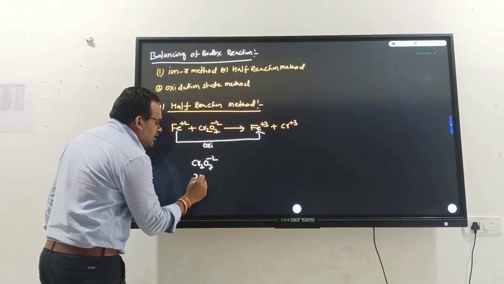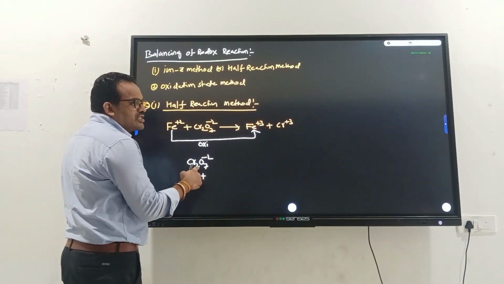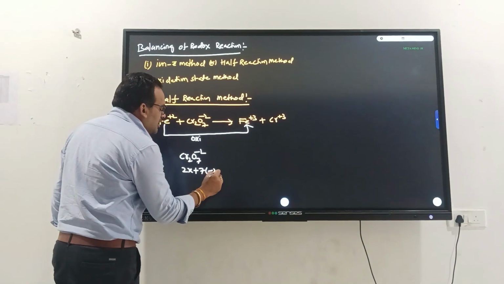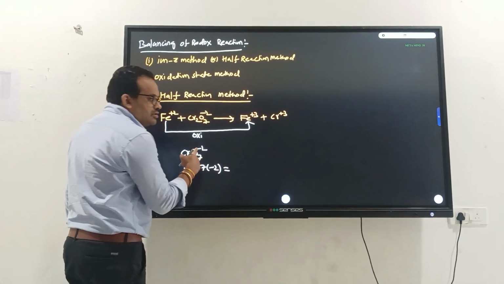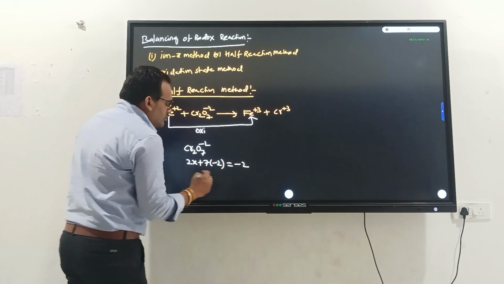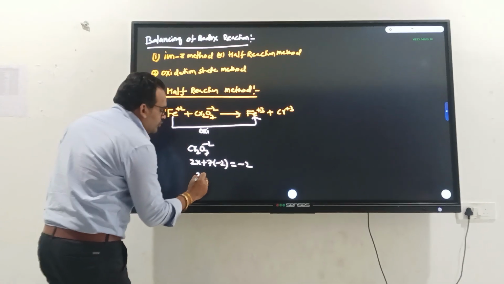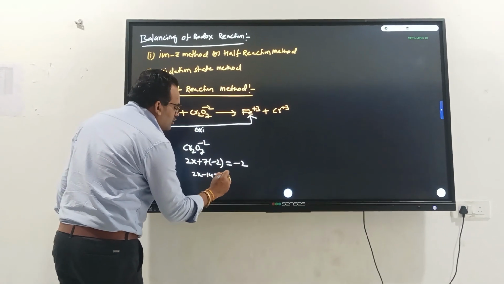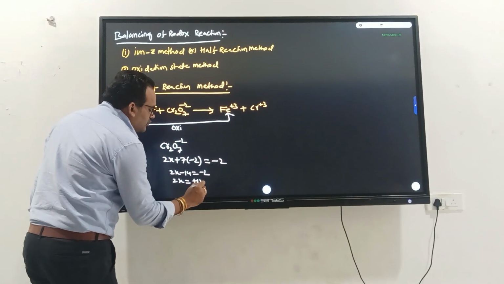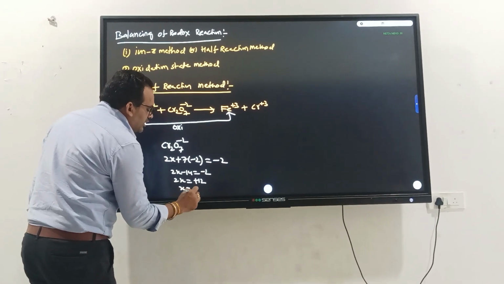This one I am taking as 2x plus how many oxygens are there, children? 7 oxygens are there, each oxygen is minus 2, so 14, is equal to the net charge, minus 2. Now what is the x value? 2x minus 14 is equal to minus 2, and 2x is equal to plus 12, and x is equal to plus 6.